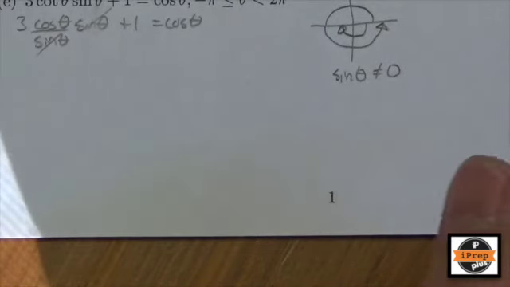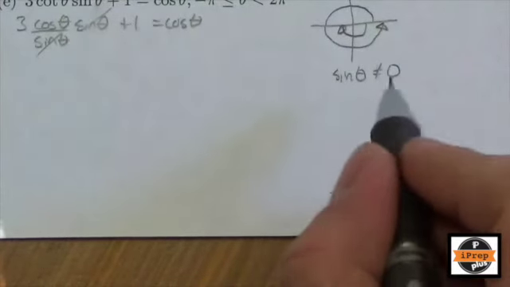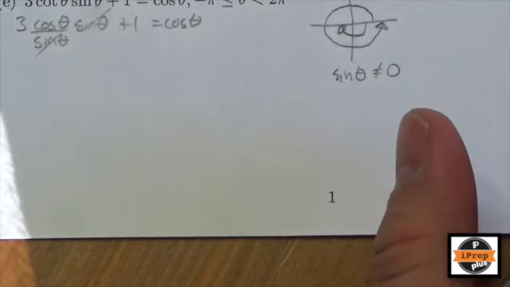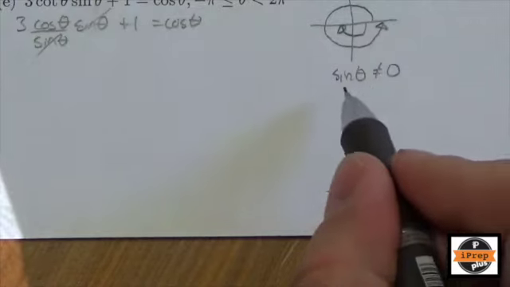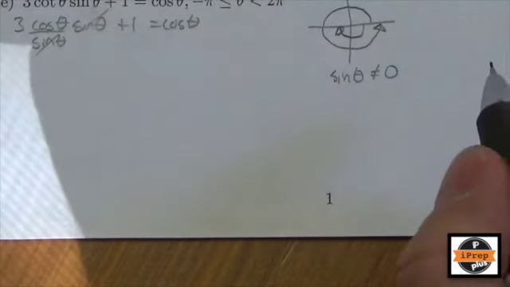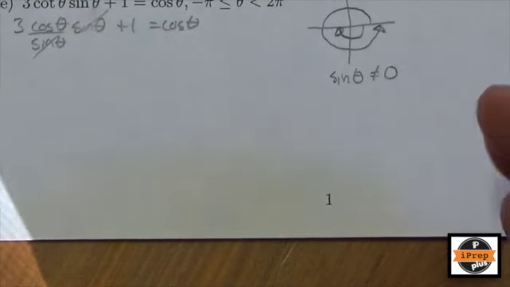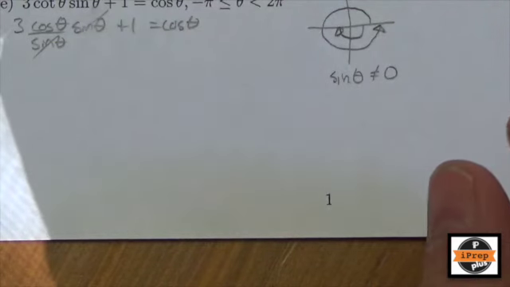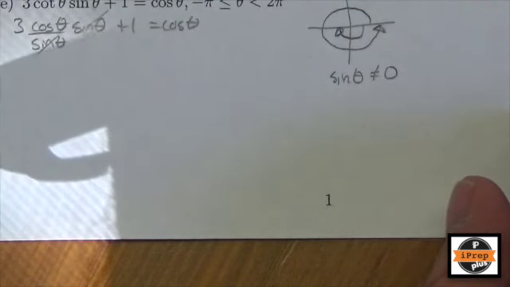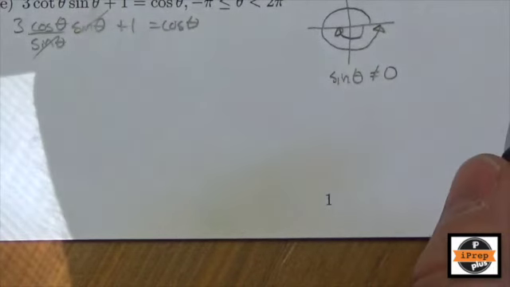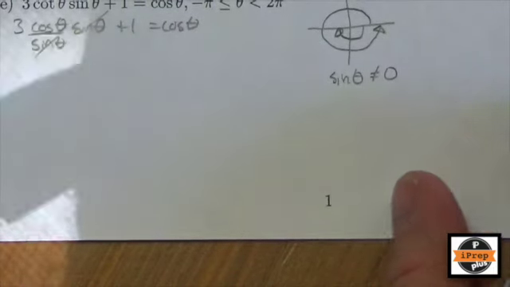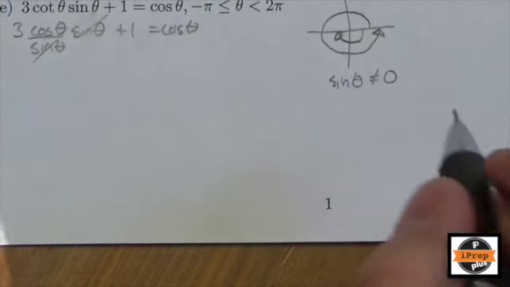Okay? And now let's just solve this little problem right here to make sure that we're not getting answers that aren't correct. Where does the sine of theta go to 0? Well, sine of theta is defined as y over r, so the y coordinate of a point on the terminal arm over the radius. The only way that's going to equal 0 is if the y coordinate is 0, and the y coordinate is 0 on the x-axis.